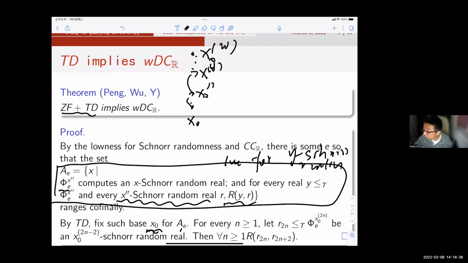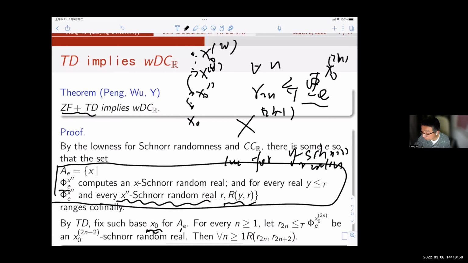And for any n, you can find R_n Turing below phi x0 to the n, to the 0, such that this is x0 2n minus 2 should not random.